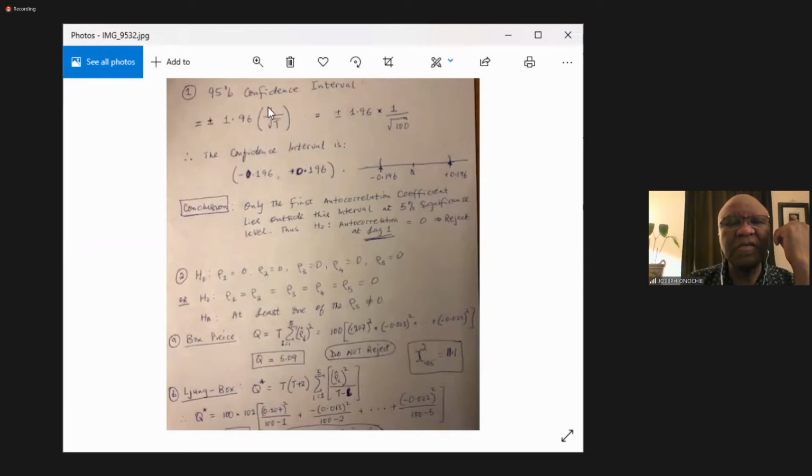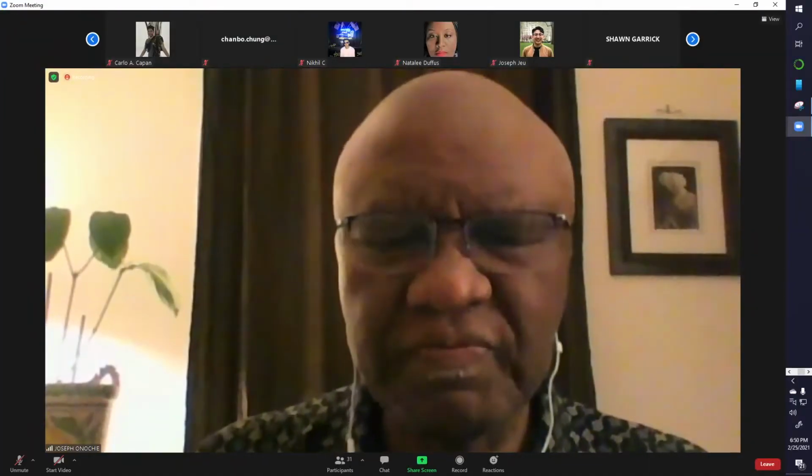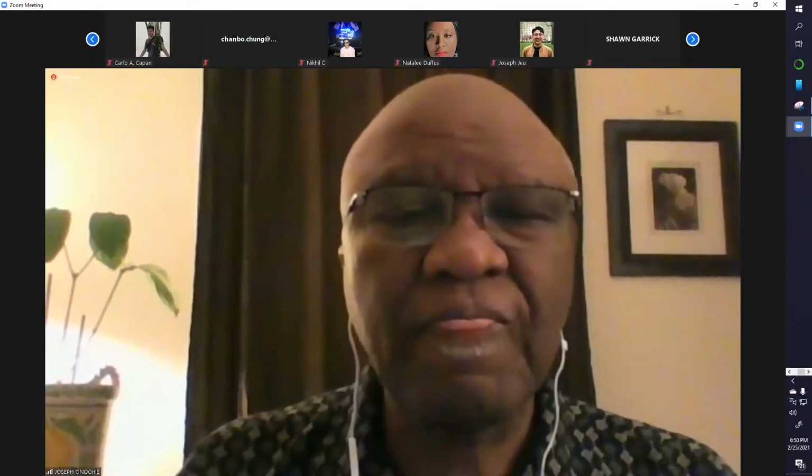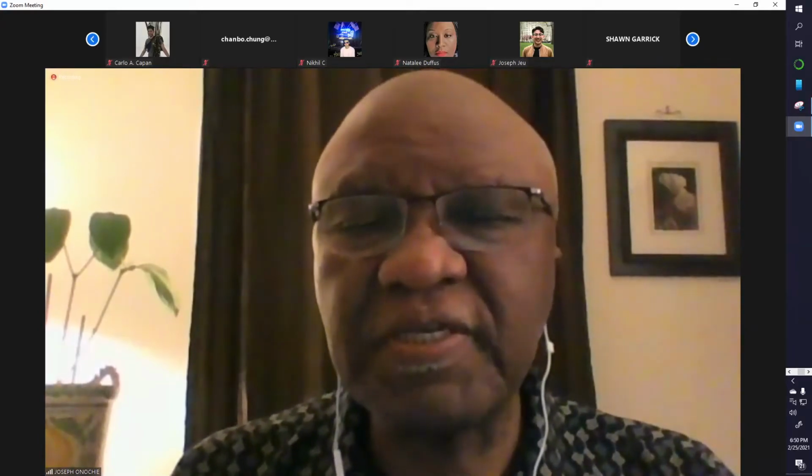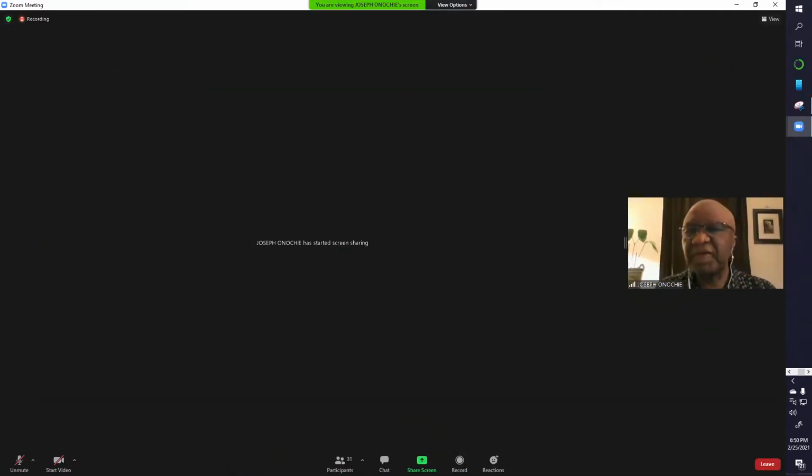So these are the autocorrelation functions. This is an approximation of their standard deviation: 1 over the square root of the number of observations. Now, everybody just hold on. Let me go to your textbook. I think I saw it in your textbook.